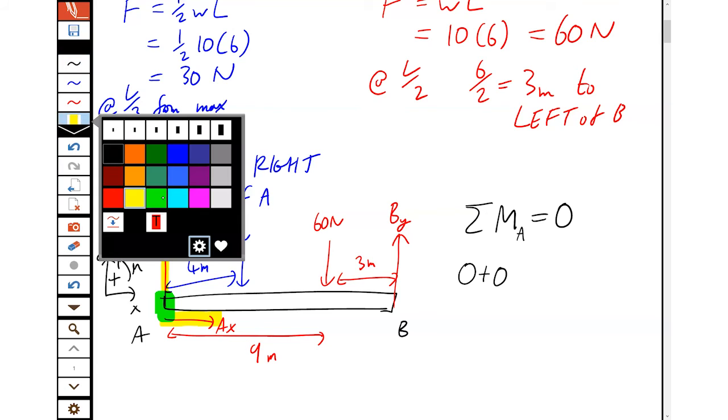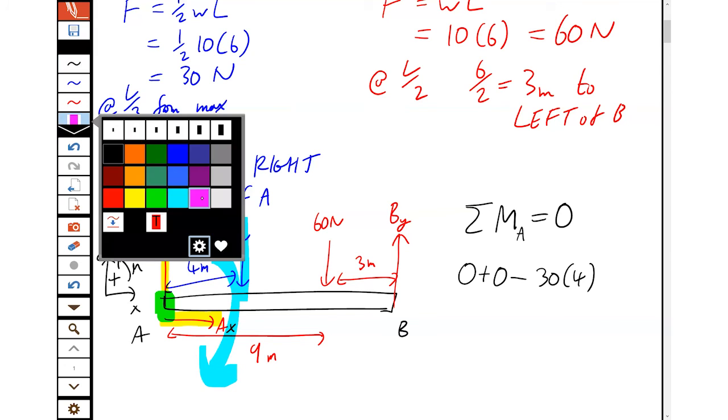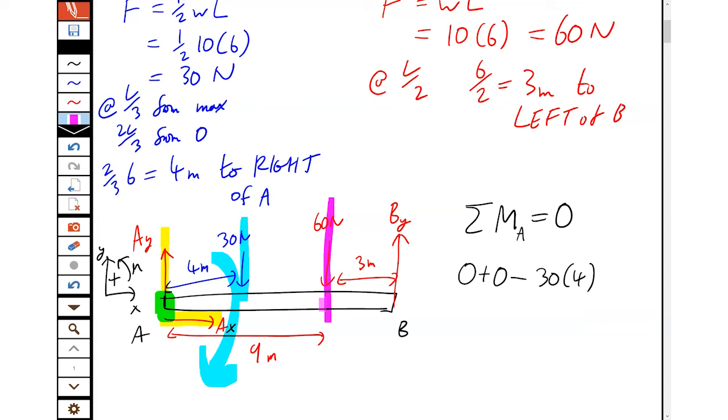Then 30 newtons acting down, 4 meters perpendicular, and that would turn clockwise around A, which is negative. Then we have 60 newtons down, 9 meters perpendicularly away, that would be turning clockwise around A, so that's negative.